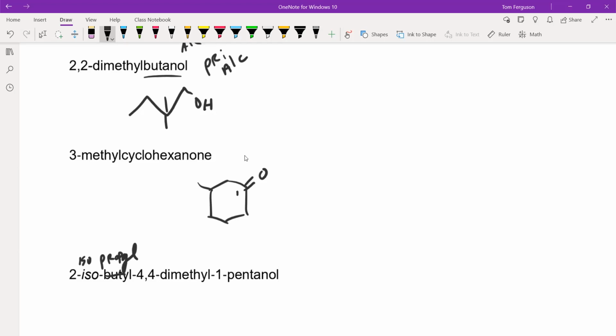A cyclic compound doesn't have an end. So how would you say that's a ketone? How would you define that?